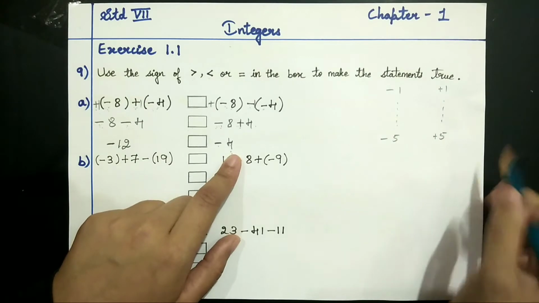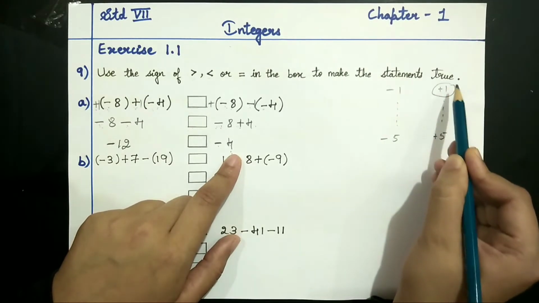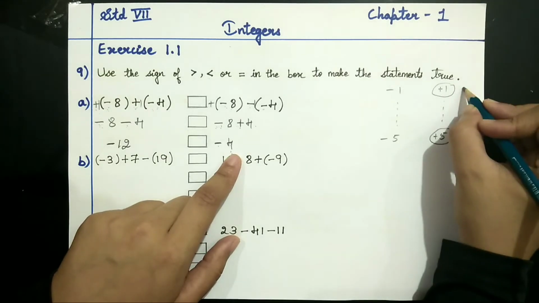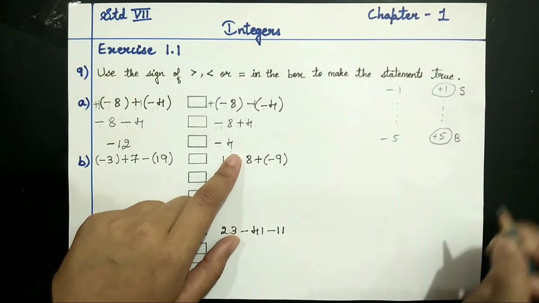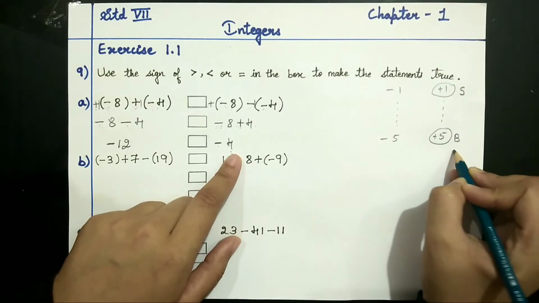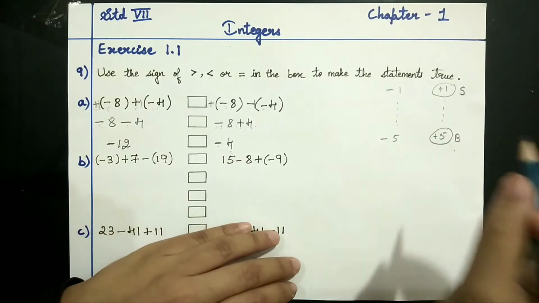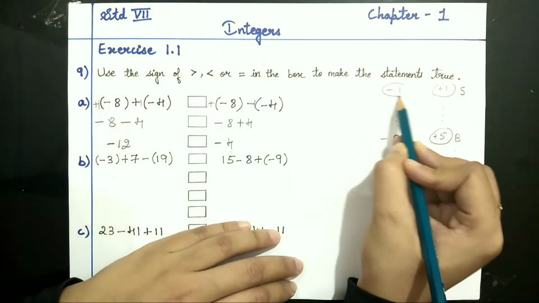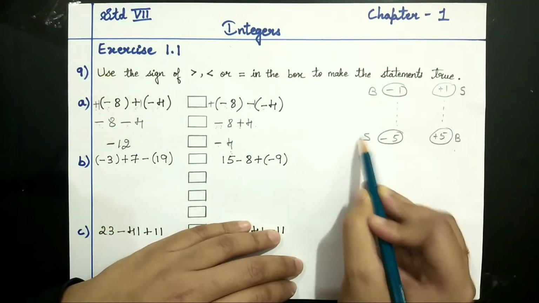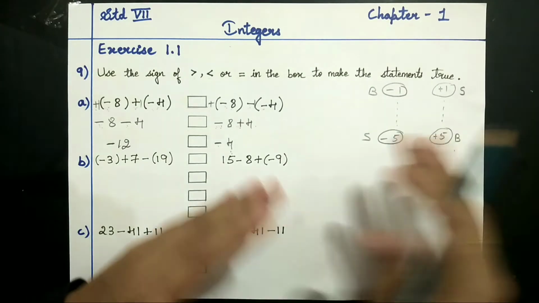Here 1 has less value, 5 has greater value. This is small, this is big. General numbers are like this. 1 will be small, 5 will be big. But if the numbers have minus sign, then this minus 1 will become the bigger value and minus 5 will become the smaller value. Okay, it is just reverse.